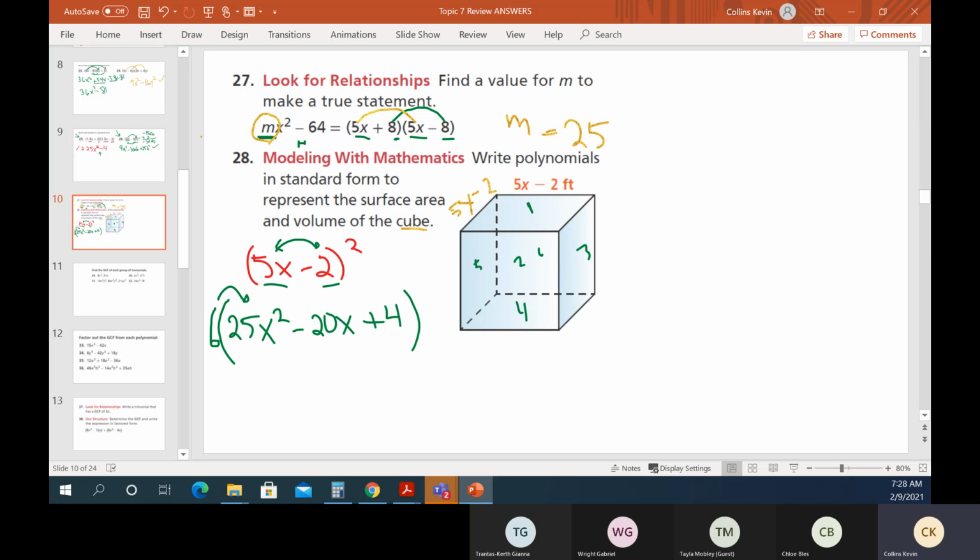So we have 6 times 25. So if you have 6 quarters, that's $1.50. So that makes this 150x squared. Then we've got 6 times minus 20, that's minus 120x. And then we've got 6 times 4 is 24. Okay? So this is your surface area.